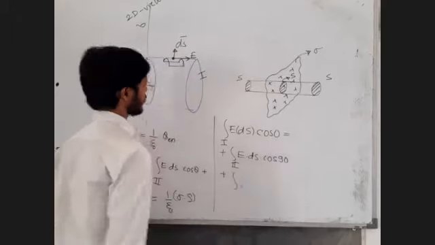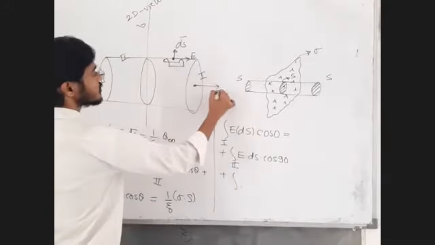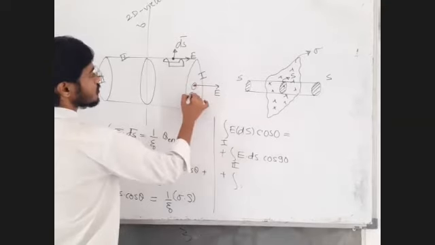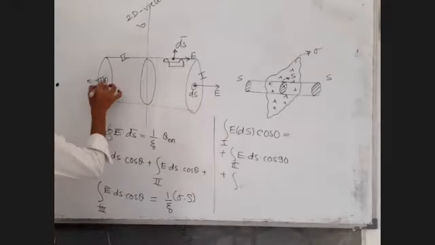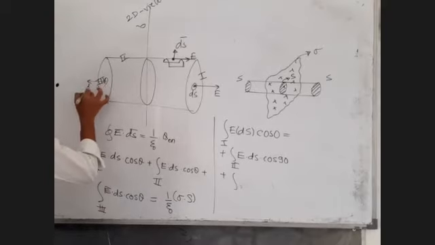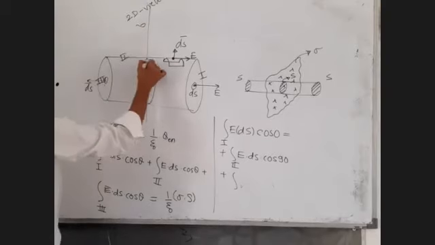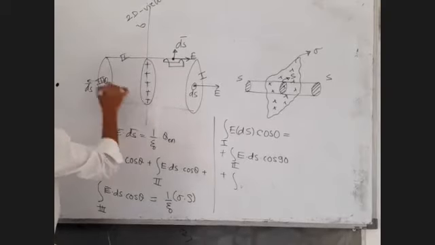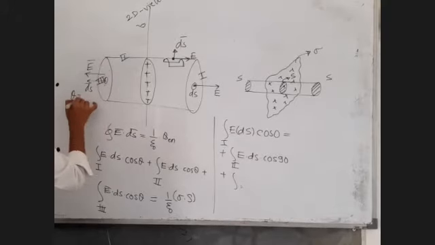Over third area. Over third area, here we have electric field like this, small area ds like this. Here also small area ds bar. Electric field will be away from the positively charged sheet. Here also angle between electric field and area vector 0.